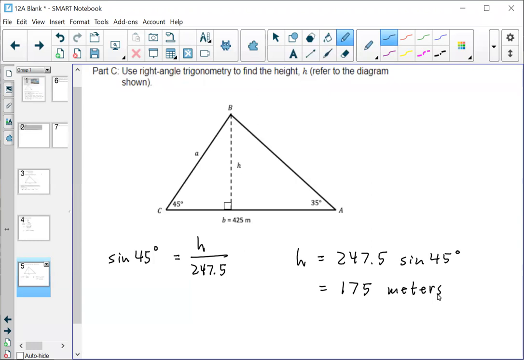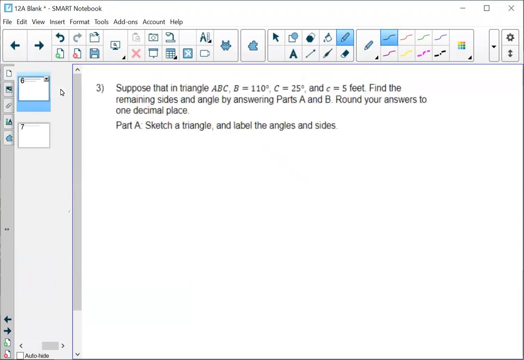Next screen. Number 3 says, suppose that in triangle ABC, B is 110 degrees, C is 25 degrees, and side C is 5 feet. Find the remaining sides and angle by answering parts A and B. Part A says sketch a triangle and label the angles and sides.